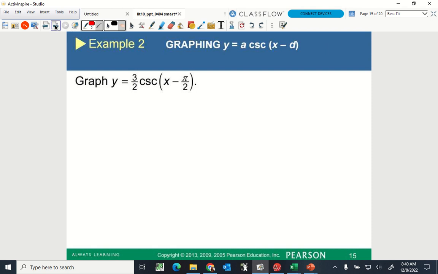So going through my steps, step 1 is my amplitude, right? My amplitude here is 3 over 2.